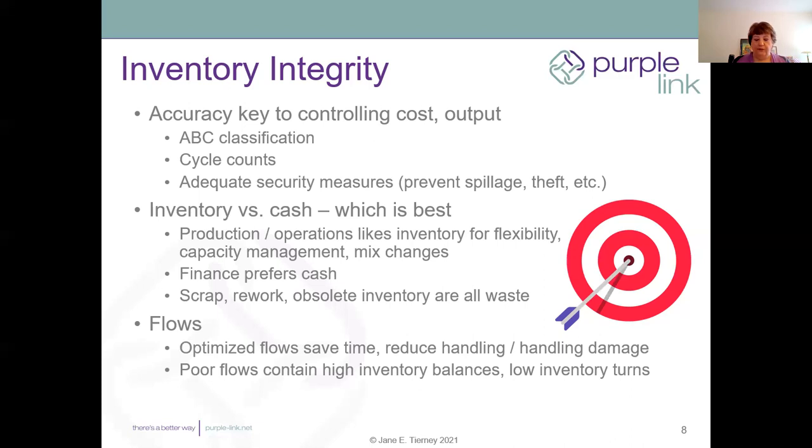With, again, security, insurance, all of that. How often and how many cycle counts you're required to do. With A parts, you want to do cycle counts much more frequently, but you have a smaller pool of parts. So maybe a good rule of thumb is that over the course of a quarter, 13 weeks, you're counting everything in that item.